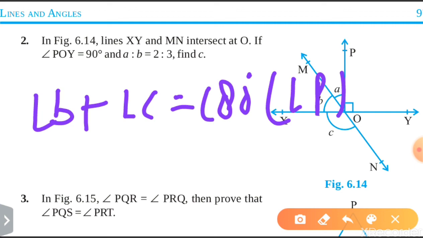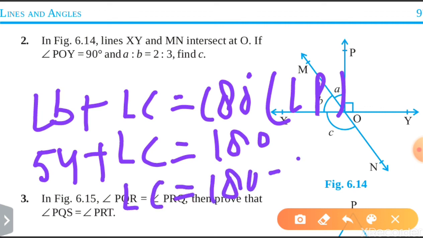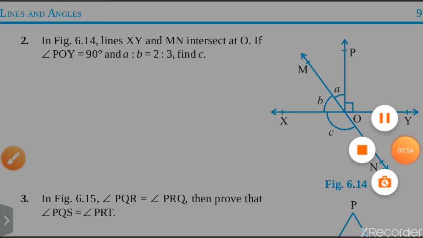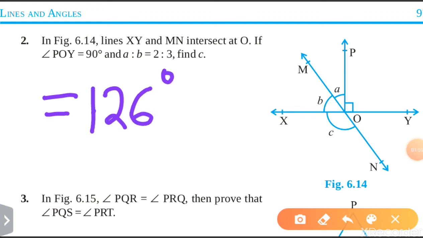So in place of angle B we can write 54 plus angle C is equal to 180 degree. Hence angle C is equal to 180 minus 54, which is equal to 126. So this is angle C.